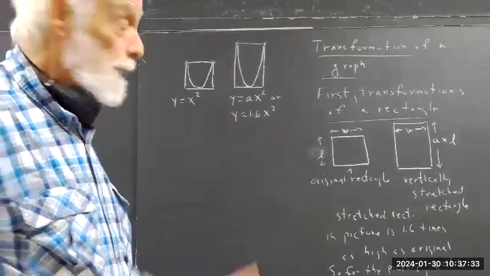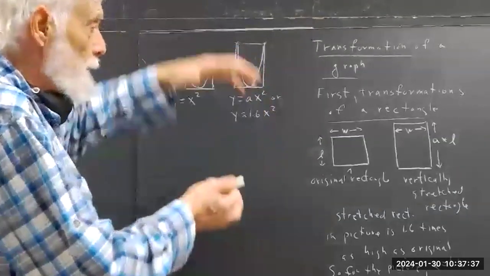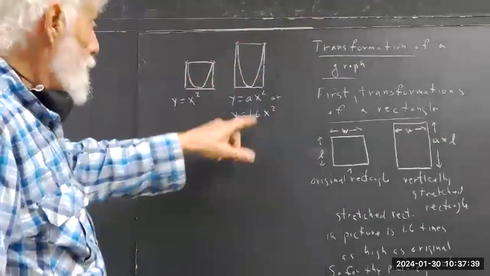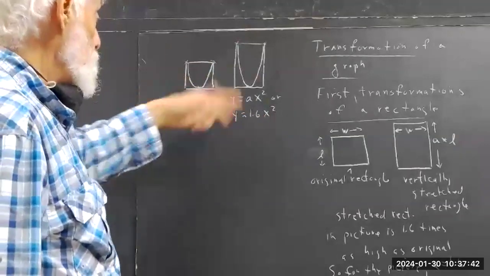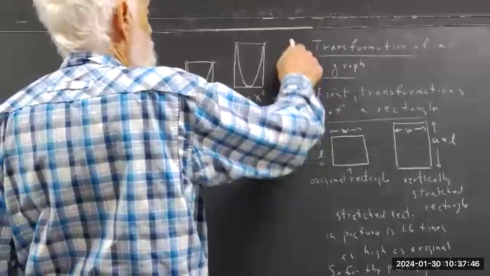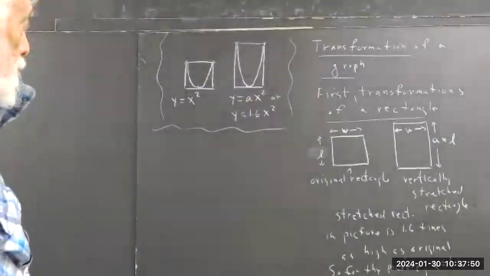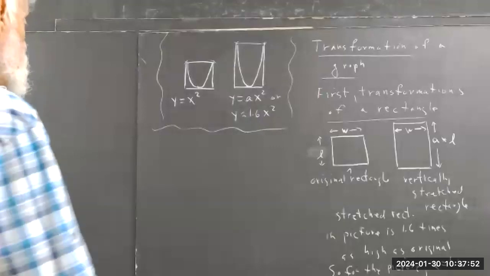There's a good reason for that. Your y coordinates go this way, and if everything is multiplied by 1.6 in this direction, then you're going to have to multiply 1.6 times x squared. Right? Now that also works for any function.